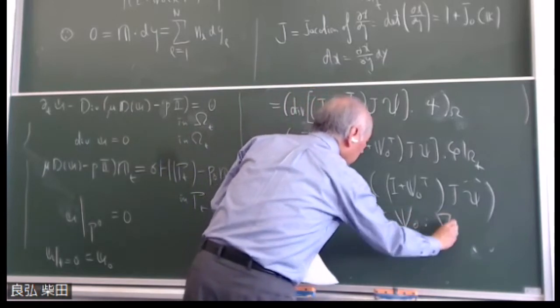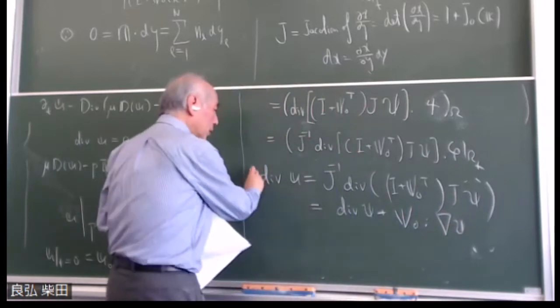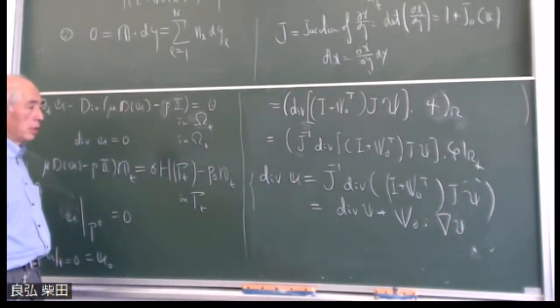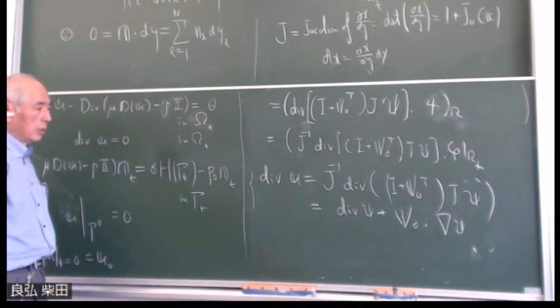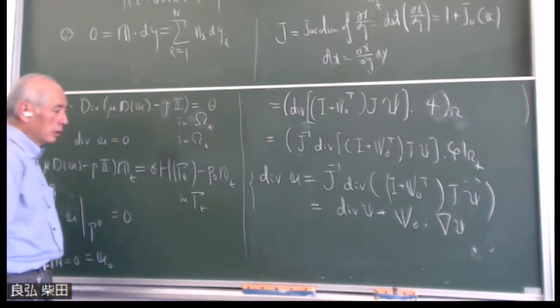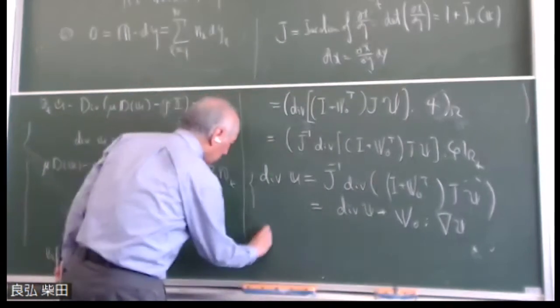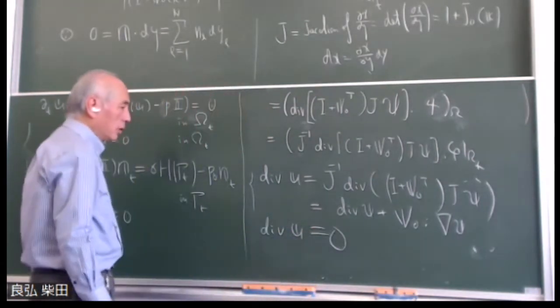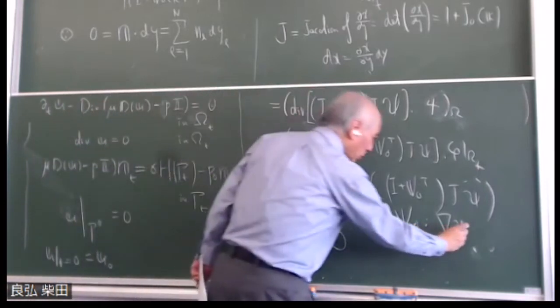You have two forms. And then if u equals 0, of course it is equal to 0 here.